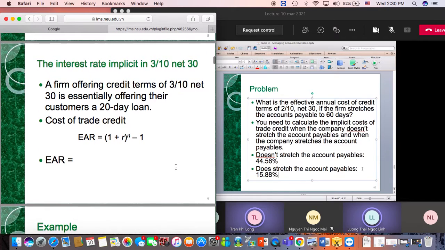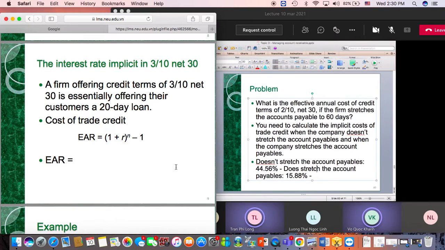Is this correct? Okay, I have a different calculation. I think that when it stretches the account payable, it has 27.85%. When it doesn't stretch, I have the same result.